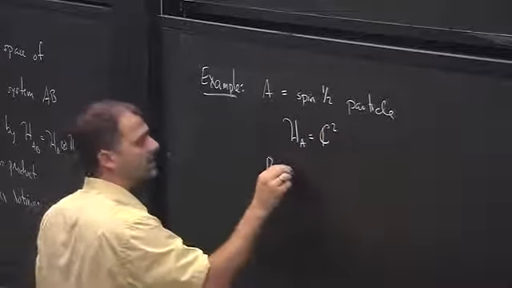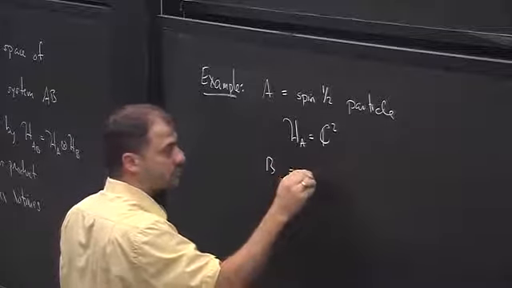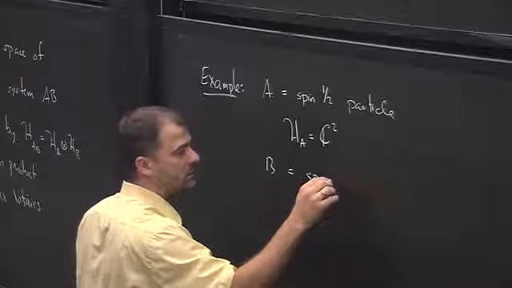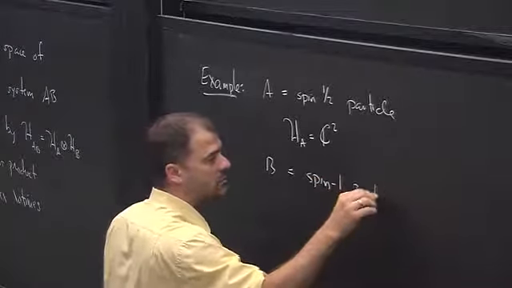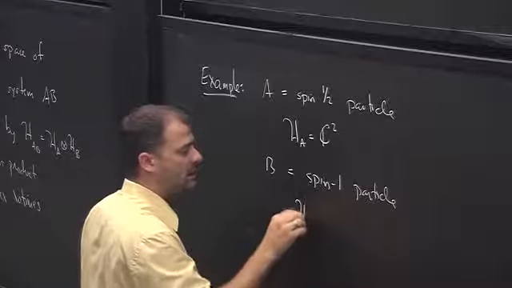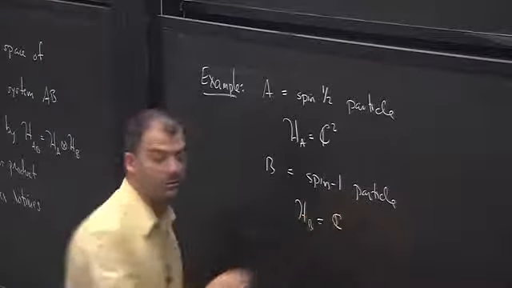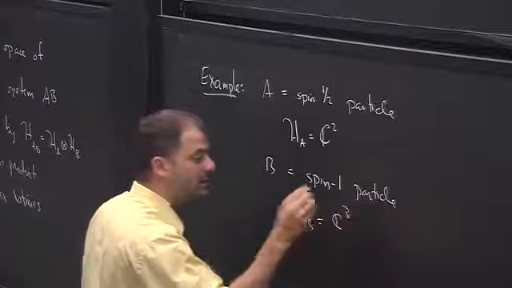Let B be a spin 1 particle. Then HB is C3.